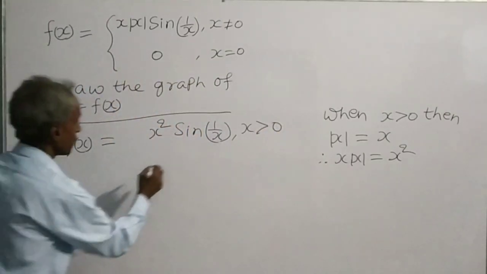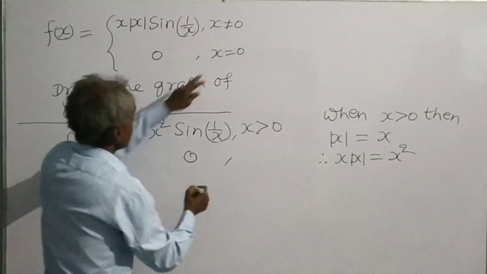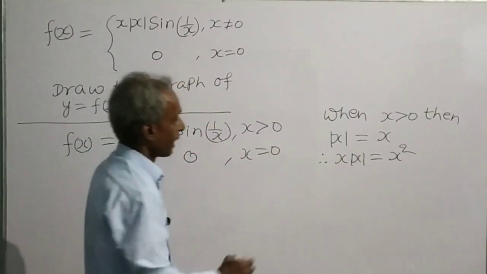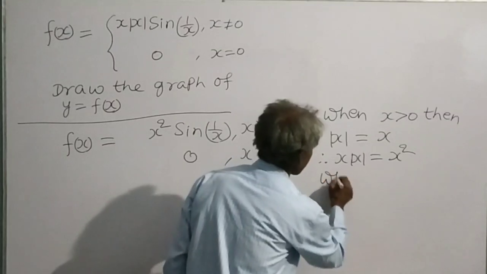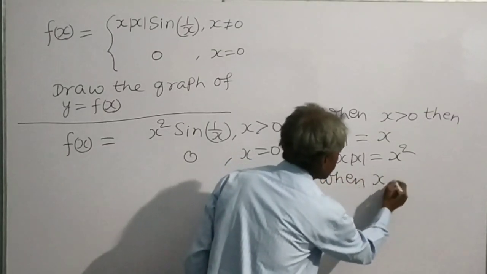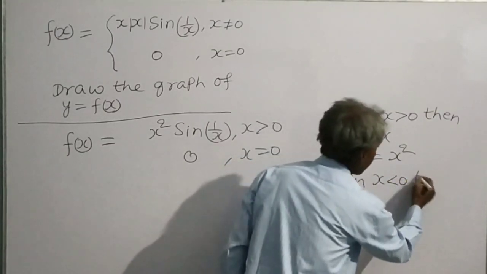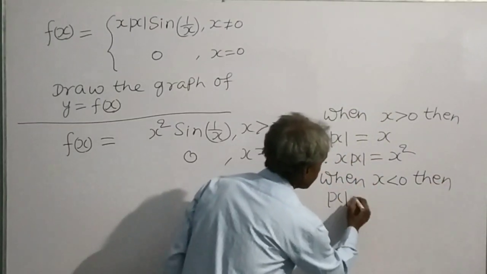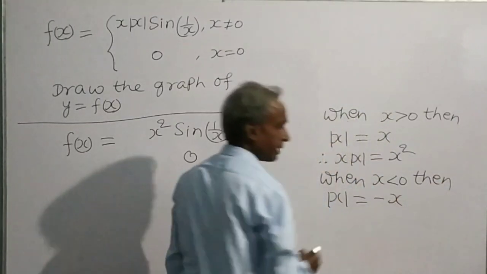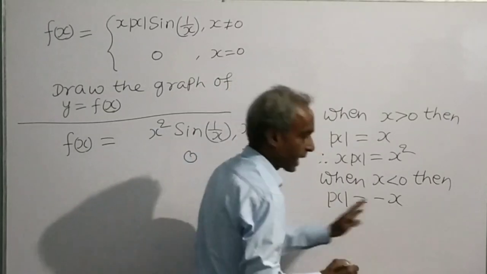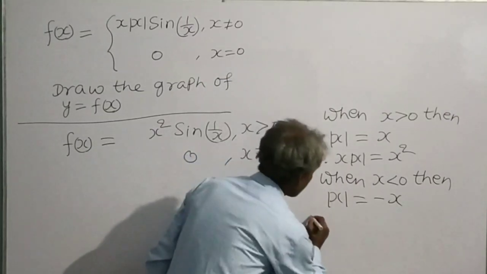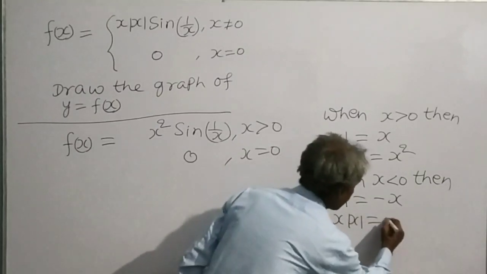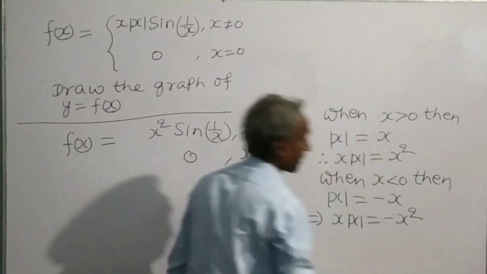f(x) will be 0 when x is equal to 0, and when x is negative, then mod x is equal to minus x. Multiplying both sides by x, we get x mod x is equal to minus x square.